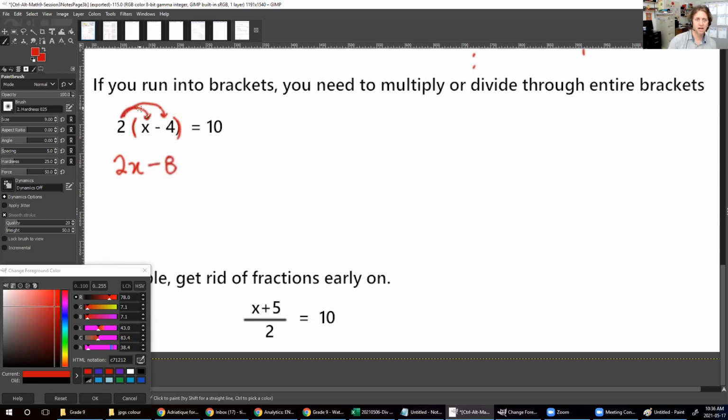And what I do is I always draw these little arrows to remind me that I have to multiply them all through. Super important skill to know. And especially when this is a negative, I think that we looked at that last week, that kept catching us. The negative would mean that it becomes negative 2 times x is negative 2x. Negative 2 times negative 4 gives us a positive 8. And then you would solve.